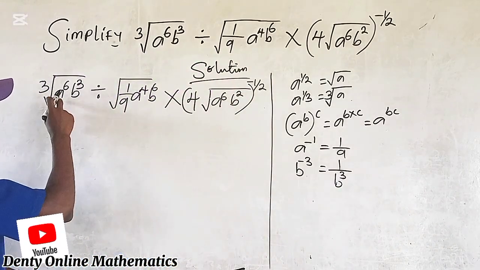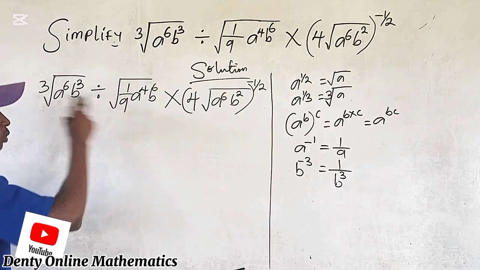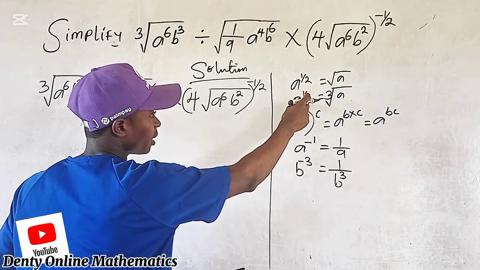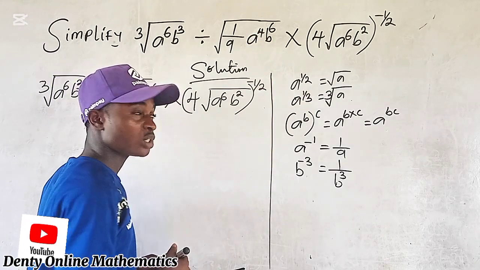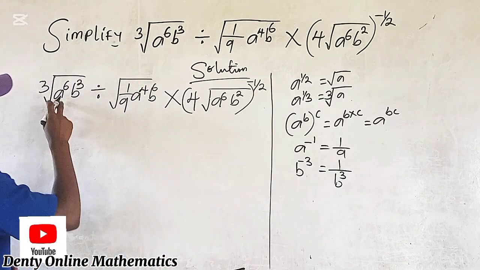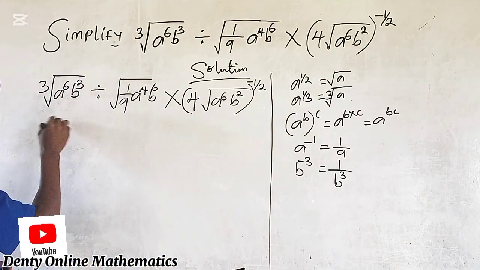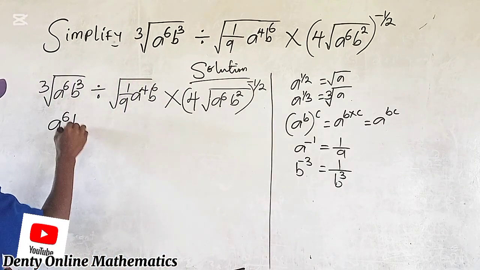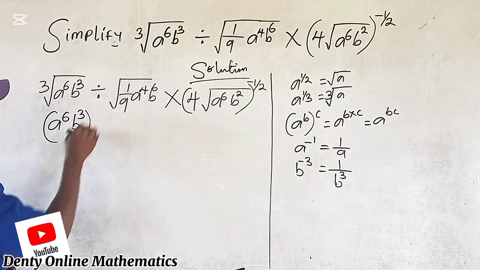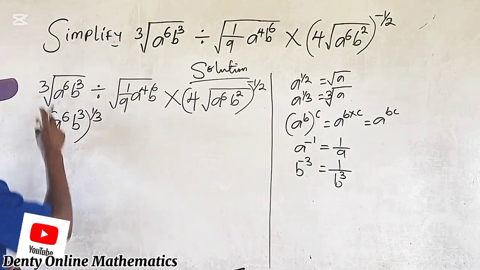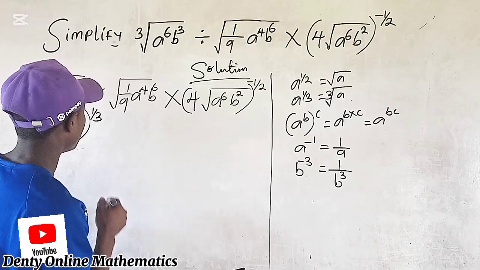Since we have the cube root of a raised to the power of 6, the cube root is represented by a variable raised to the power of 1 over 3. So it will be a raised to the power of 6, b raised to the power of 3, all multiplied by 1 over 3. We have cleared that out.